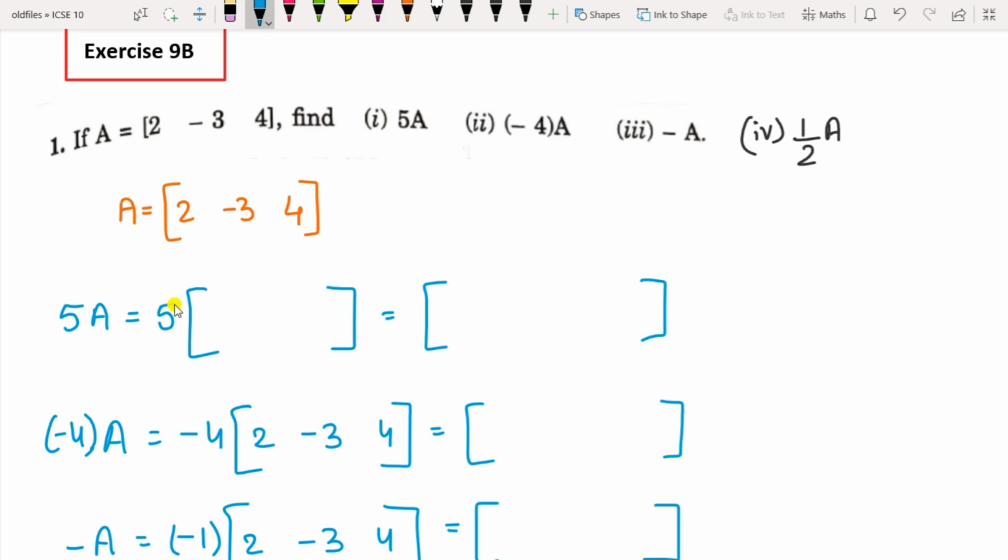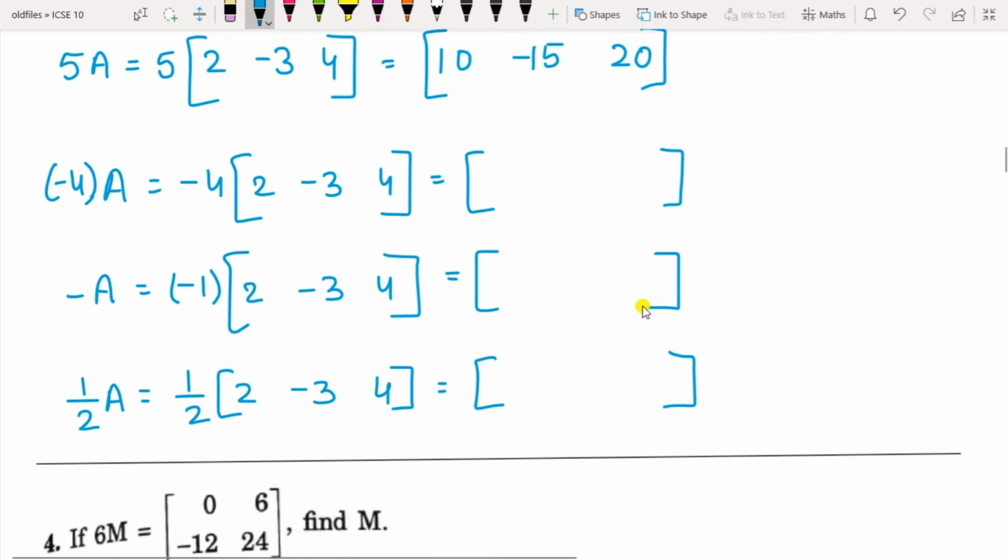So 5A: write the matrix here. This is 5 multiplied by the matrix elements 2, minus 3 and 4. So 5 times 2 is 10, 5 times minus 3 is minus 15, and 5 times 4 is 20. Then multiply by minus 4: 4 times 2 is 8, that is minus 8, minus 4 times minus 3 is 12, and minus 4 times 4 is minus 16.